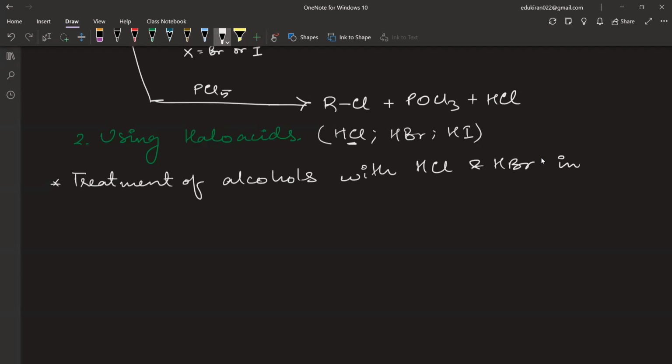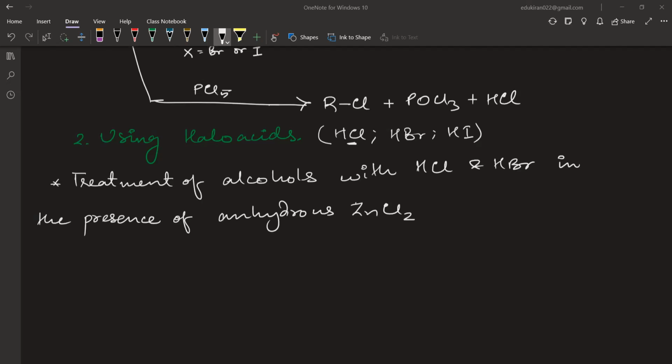Sir, HI is hydrogen iodide. Hydrogen iodide in the presence of anhydrous ZnCl2, in the presence of anhydrous ZnCl2.